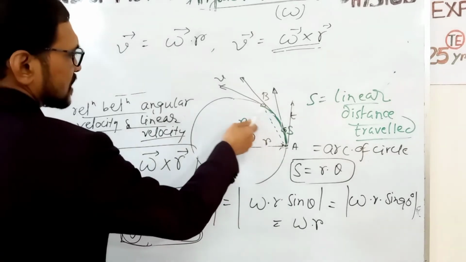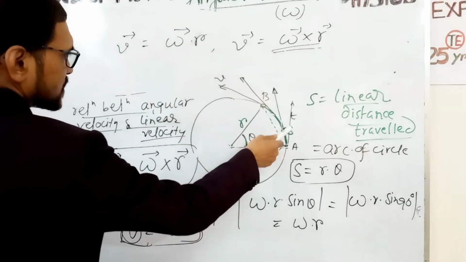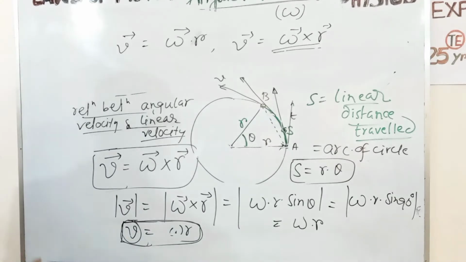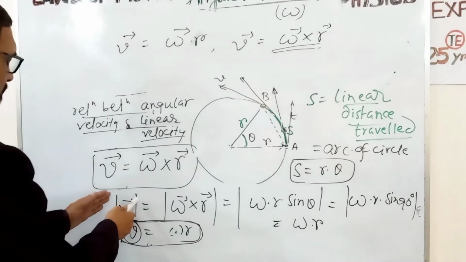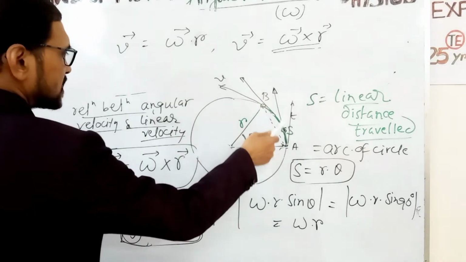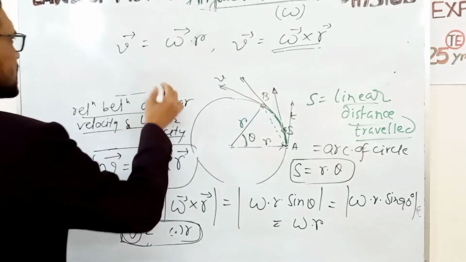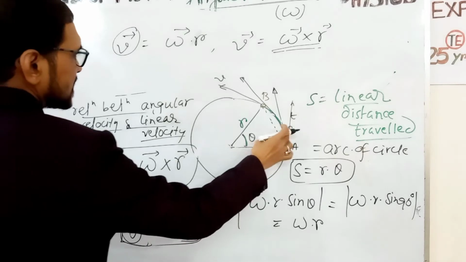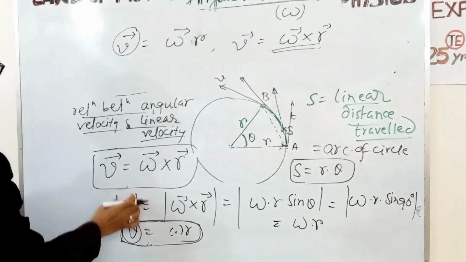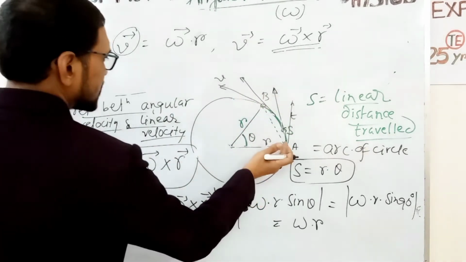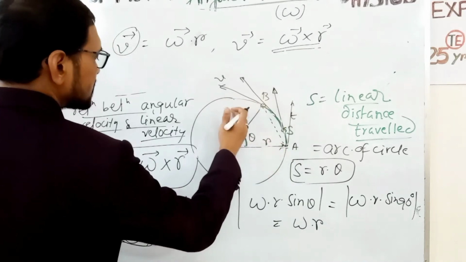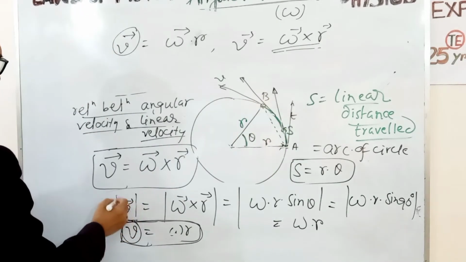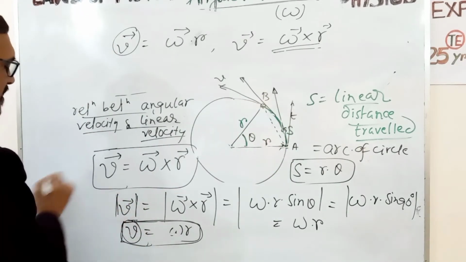If the body rotates in a circular path, then s by t equals linear speed, not linear velocity. If the body rotates with uniform velocity in a circular path, then the magnitude of v is called linear speed.